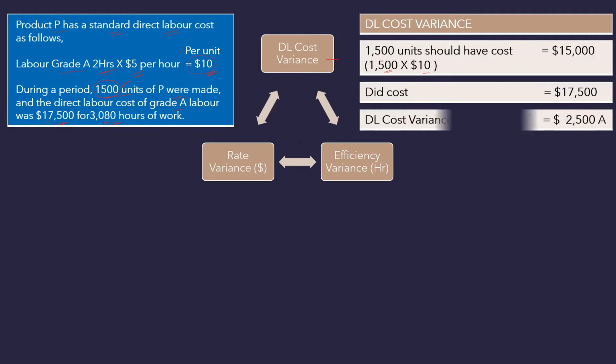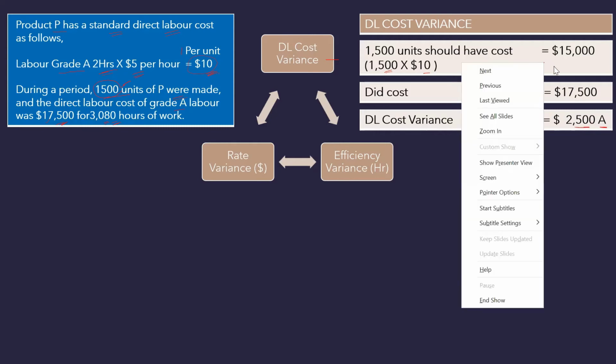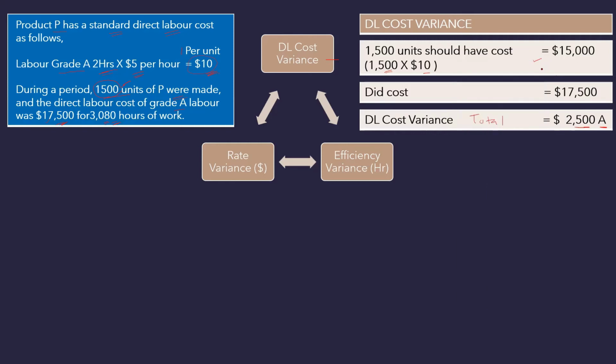So therefore, what is the total variance? This is the total variance, $2,500, and it's an adverse variance. Why? Your plan was to incur $15,000, but you actually incurred $17,500. Now the $2,500 total variance consists of rate variance and efficiency variance.